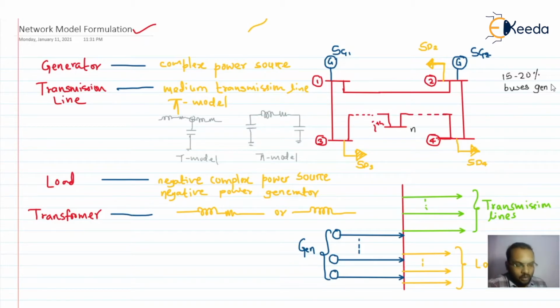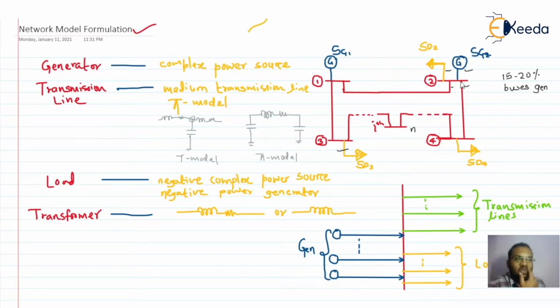There may be a possibility of a bus where load will be connected. You can see bus number 3 and bus number 4, load is connected here. There may also be a possibility that on a particular bus a generator as well as a load and transmission line are connected.